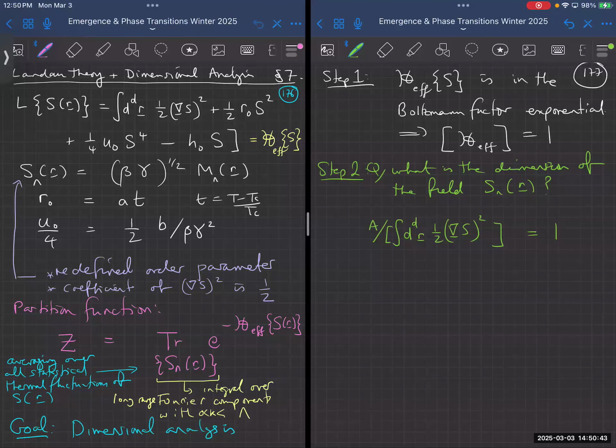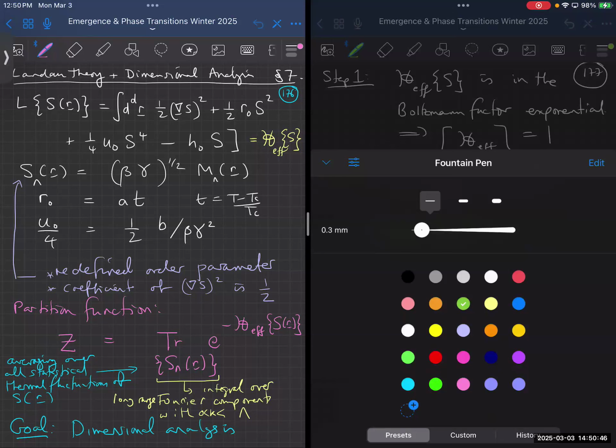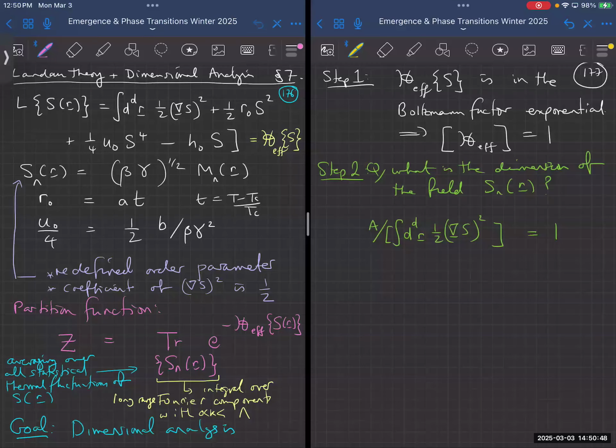Okay, but what about the other terms in here? Well, this is d^d r, so this has dimensions of length to the power d. The gradient term has dimensions of length to the -2. Well, each grad operator is length to the -1, but squared, so that gives you L to the -2.